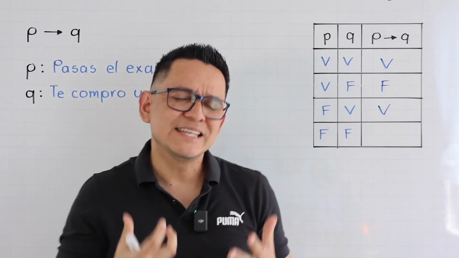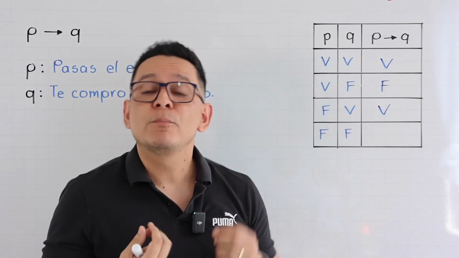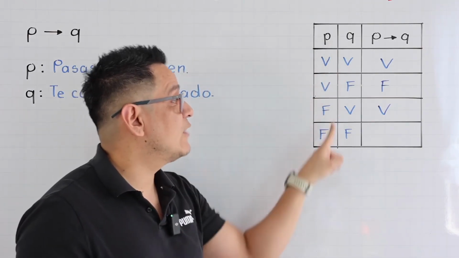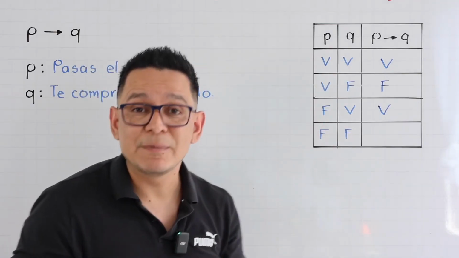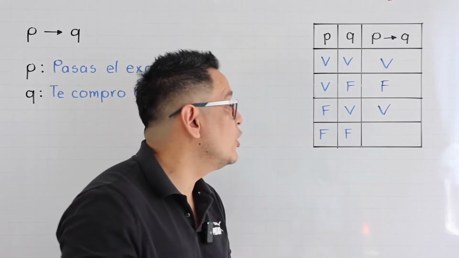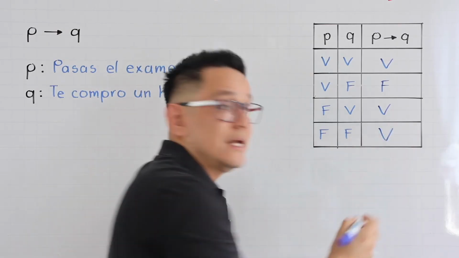So, can you say that I didn't keep my word? No, you can't say that I didn't keep my word, because I said what was going to happen if you passed the exam. And notice that it was false that you passed the exam. Since it was false that you passed the exam, then you can't accuse me of not keeping my word, so I can't put false here. So, this has to be true here.